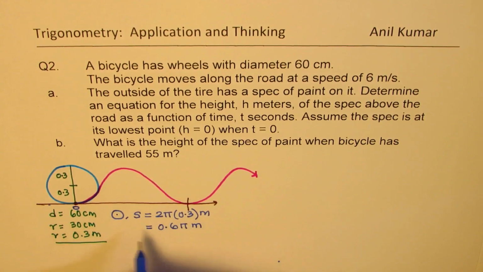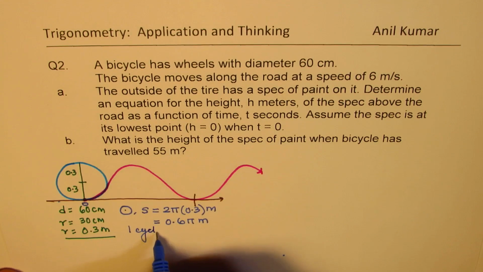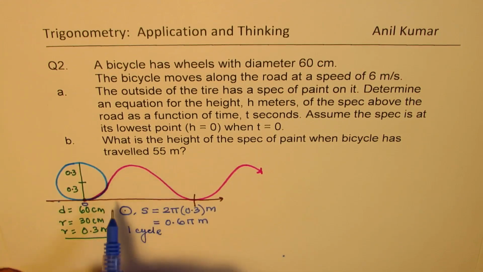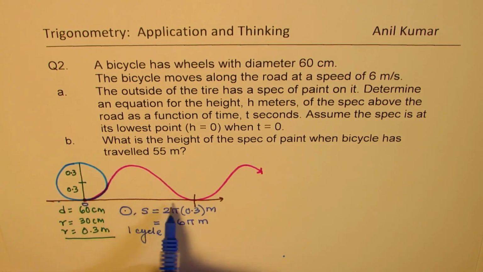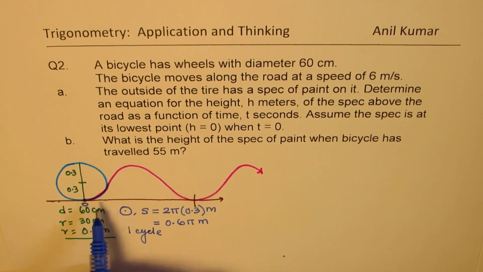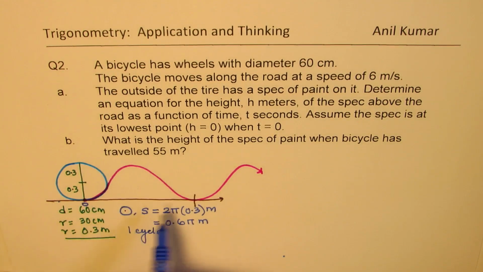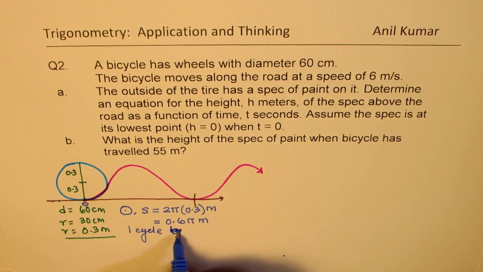Now that is one cycle, right? So this is the distance for one cycle. So this is one cycle. Basically we will take this point through one full circle, right? And horizontally on the road, the bicycle in this case will travel a distance of 0.6 pi meters. Clear? Now what we need to find is one cycle time. We have to find the time for one cycle, right?